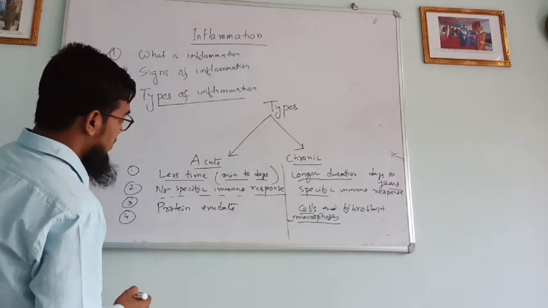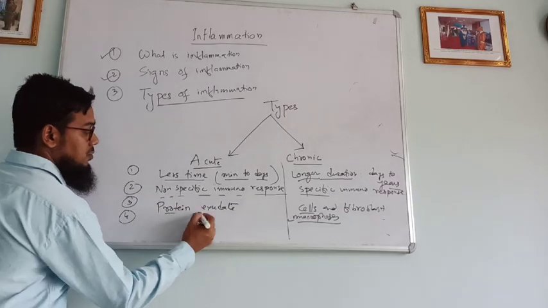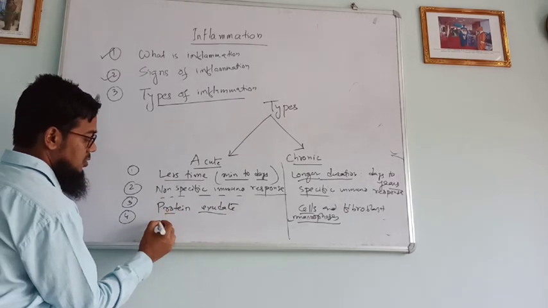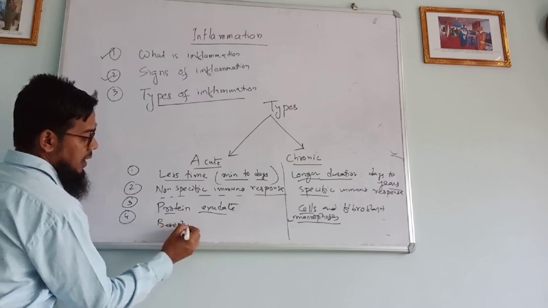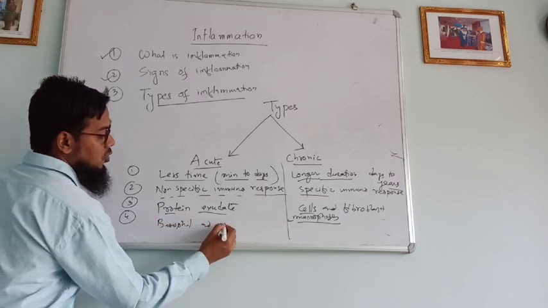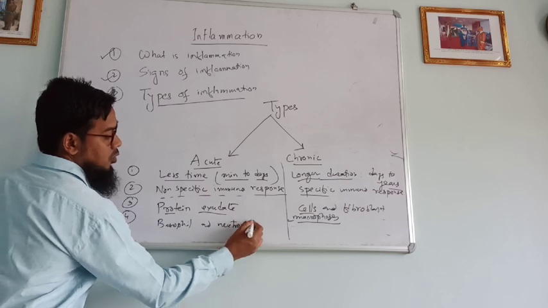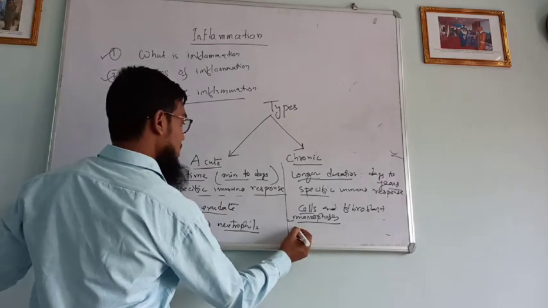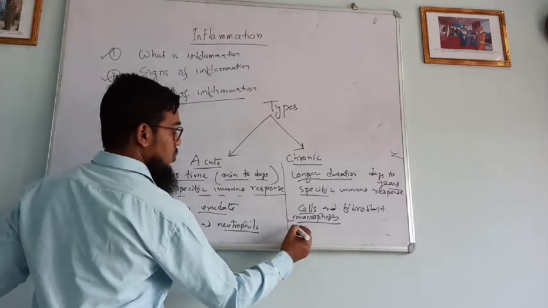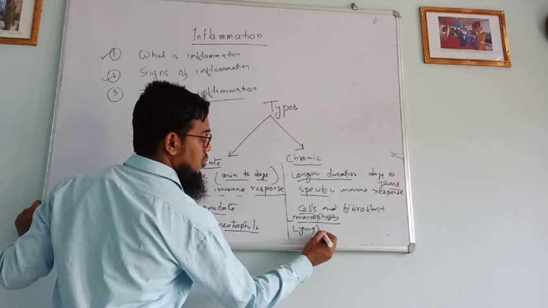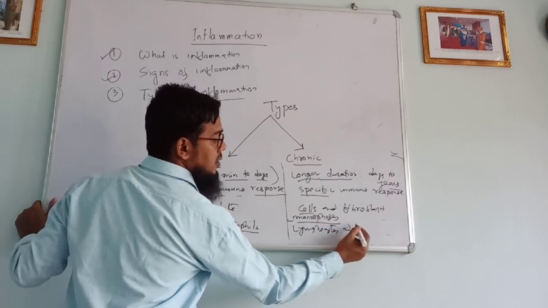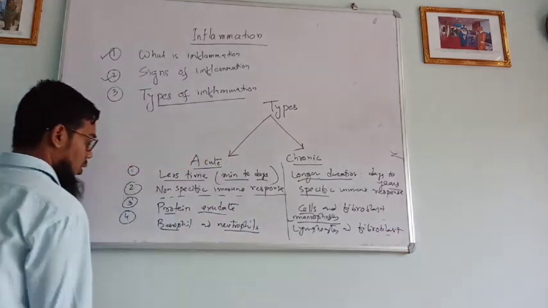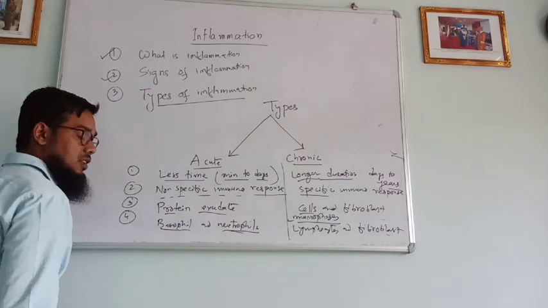Next, in acute inflammation, the inflammatory cells involved are basophils and neutrophils. And in chronic inflammation, mainly lymphocytes and fibroblast cells are involved.